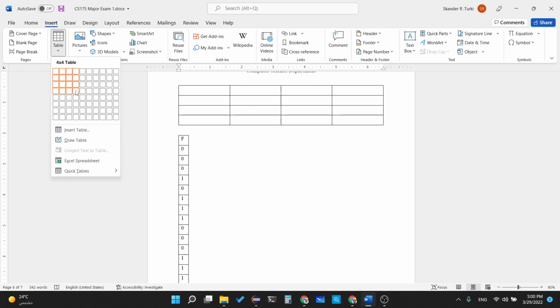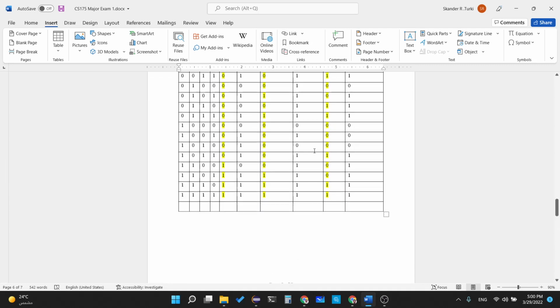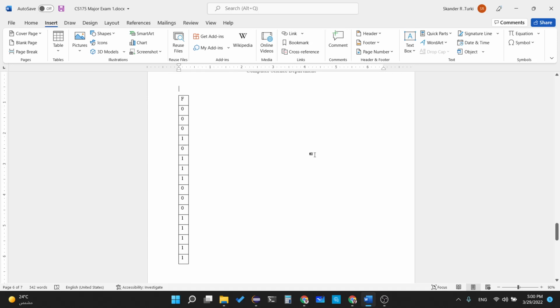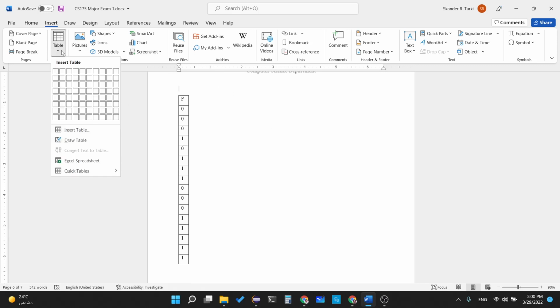So we need a K-map with how many columns? How many variables do we have? I forgot. We have 4 variables. So we need 4 rows and 4 columns. I mean 5 rows and 5 columns for the labels.